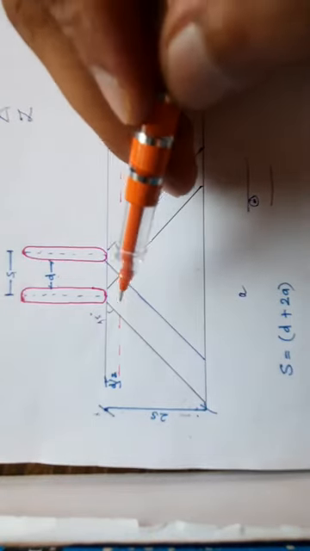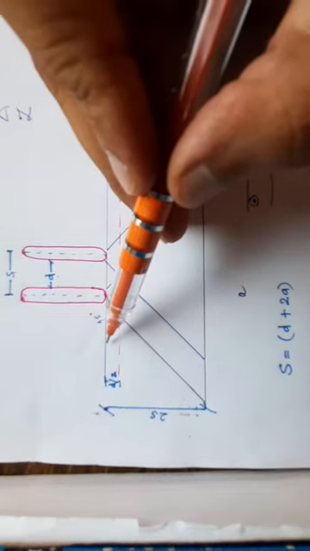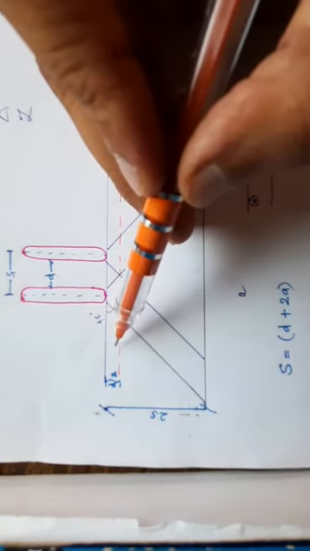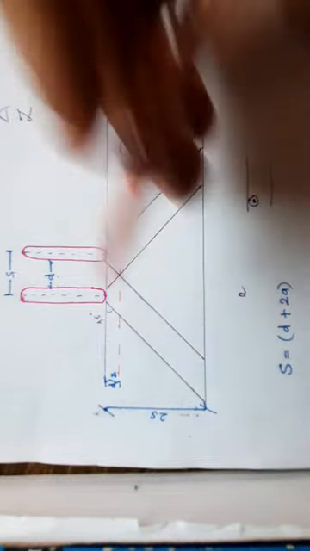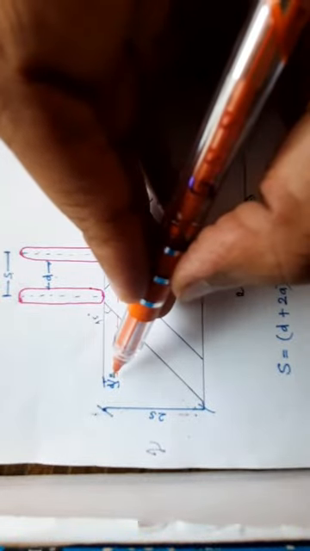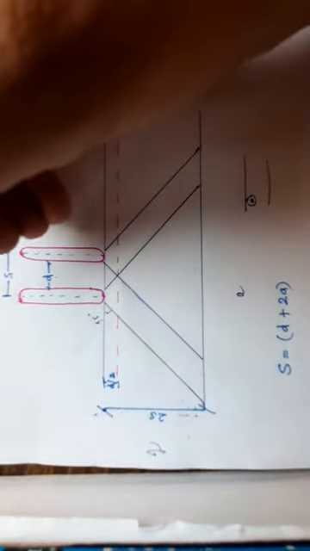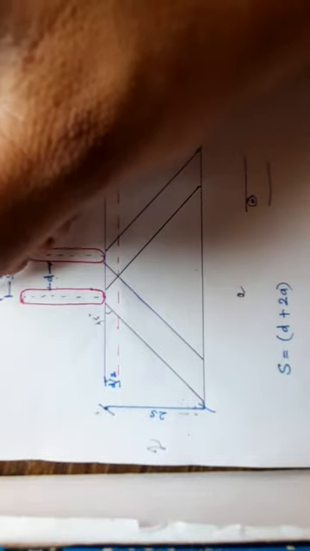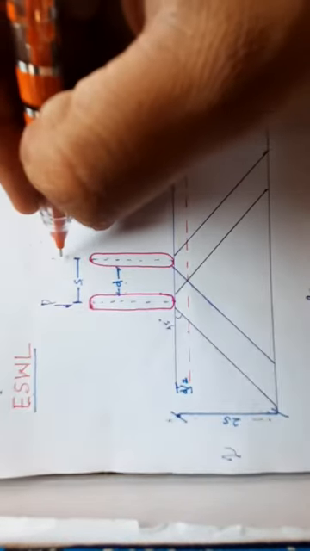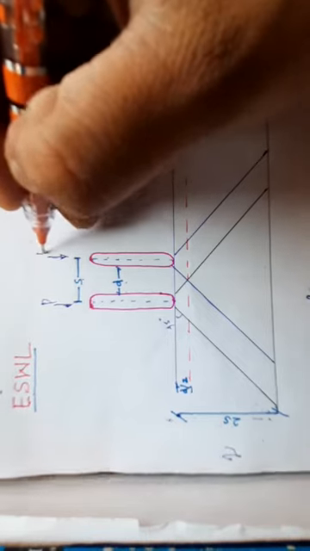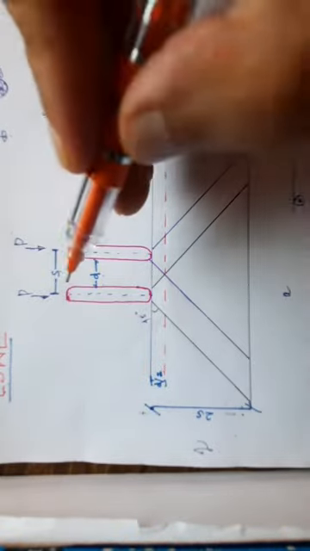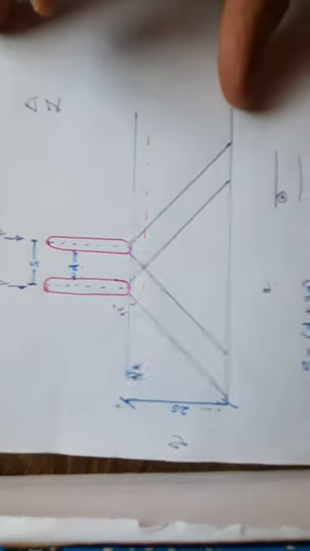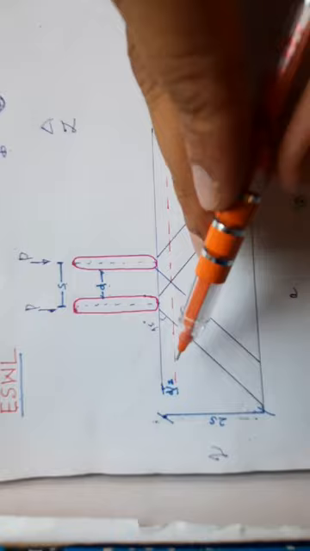So here, up to the depth d by 2, depth is always expressed as Z here. When Z is d by 2, each wheel load P acts independently on the wheels at the depth d by 2.